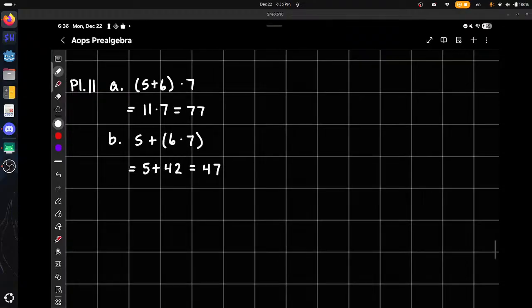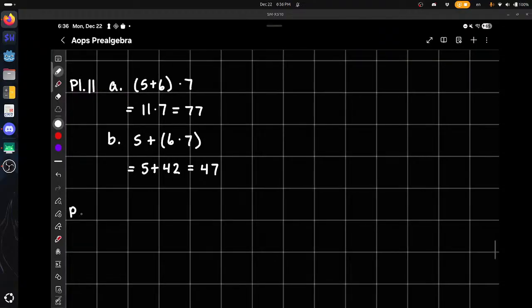Okay, next problem. Using the picture below, explain why 2 times 3 plus 4 equals 2 times 3 plus 2 times 4.